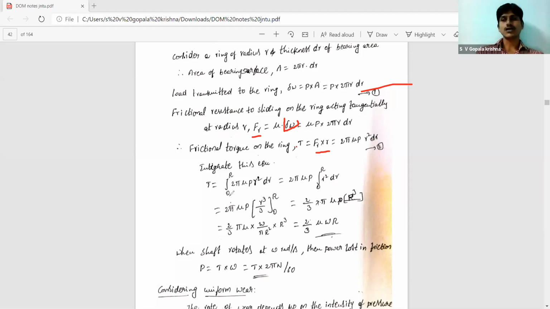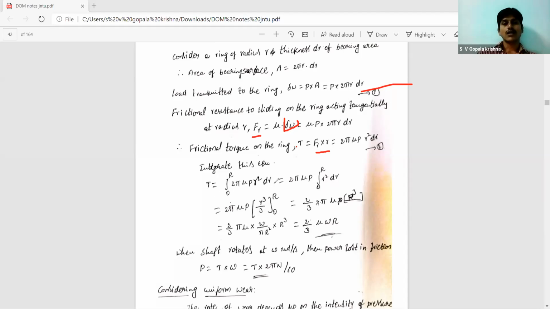Because the smallest value is 0, and the highest value is capital R, the shaft radius. Now we integrate this torque. So capital T equals the integration from 0 to R of 2 pi mu p r square dr.